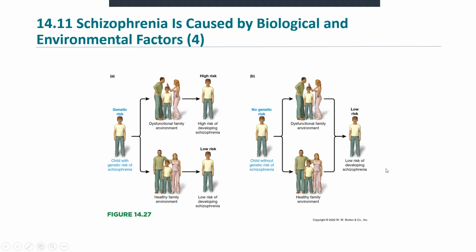They will still have a low risk because they don't have the initial genetic risk, the initial diathesis. So keep in mind, this is nature plus nurture. You have something in your genes and you have life stressors, and the combination is what can cause the schizophrenia.